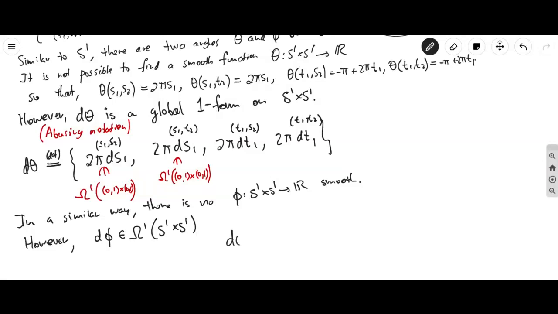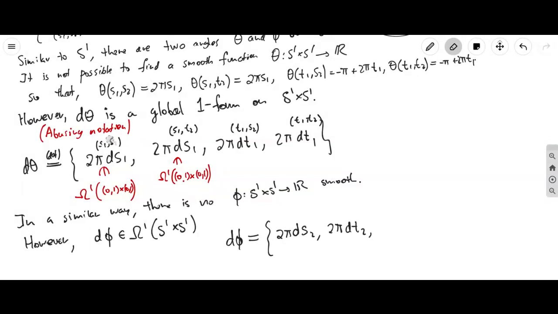So what do we mean by d phi? By definition, a one form on the torus is a one form on each of the Euclidean charts. So this would mean the same thing as before, except you do it with the other one. You can guess what this would be: 2 pi ds2, 2 pi dt2.